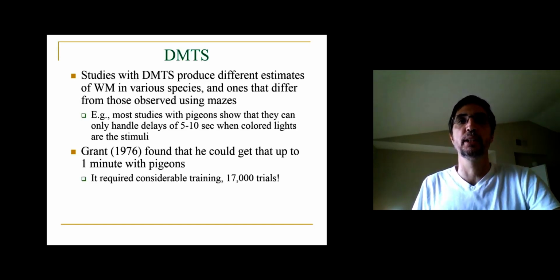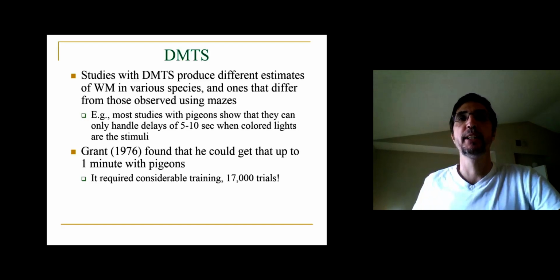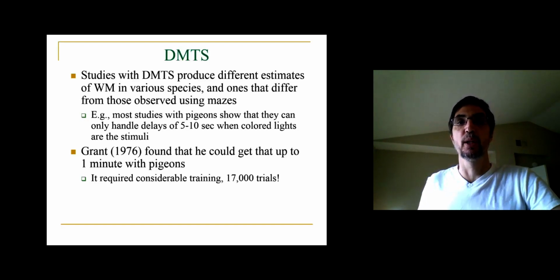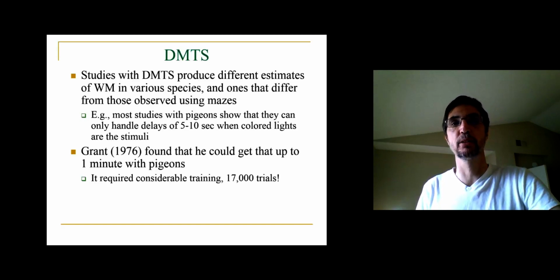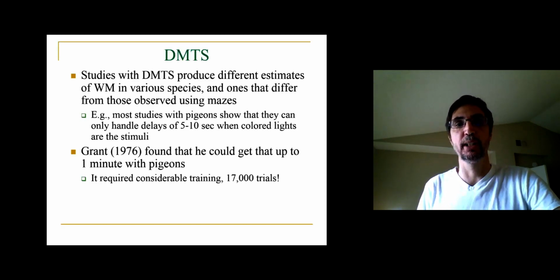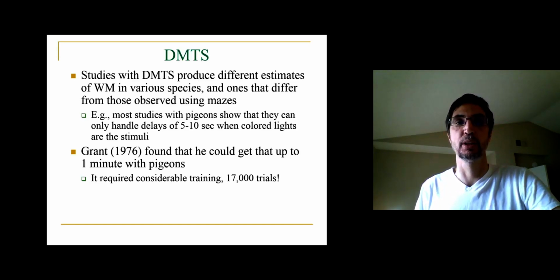Studies using the delayed match-to-sample task produce very different estimates of working memory in different species, ones that are very different from those observed using mazes. For example, with pigeons, most show that they can only handle delays of about 5 to 10 seconds, and after that their behavior becomes chance, and that's when colored stimuli are used.